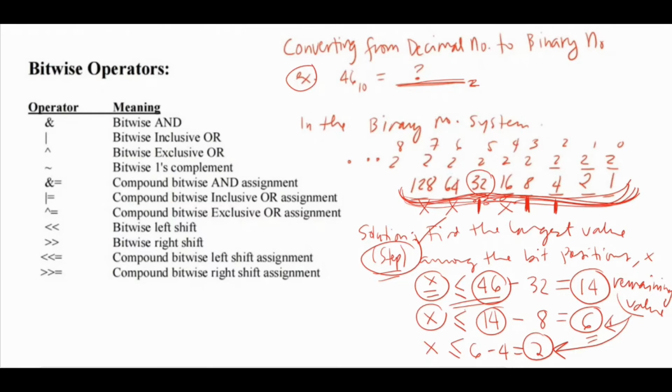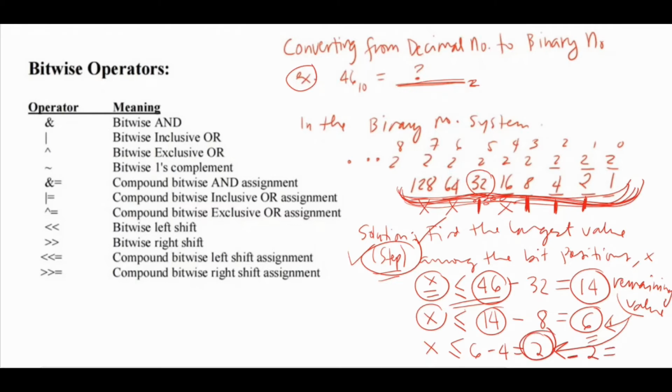Since we still have a remaining value, we do this again. We find the largest value among these which is less than or equal to 2. Obviously, it is 2, this one. So we set that to 1 and subtract that integer value from the remaining value. So the remaining value is 2 minus 2.